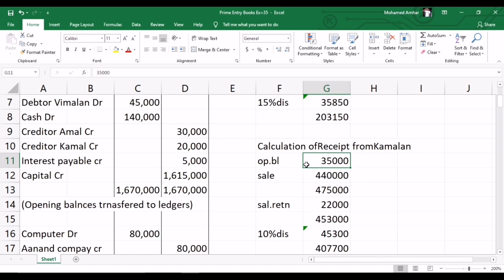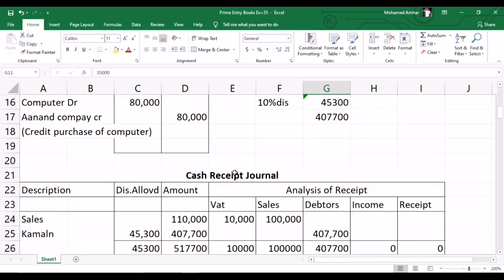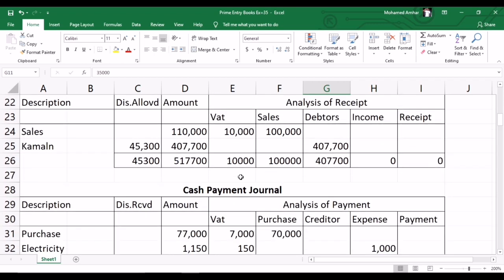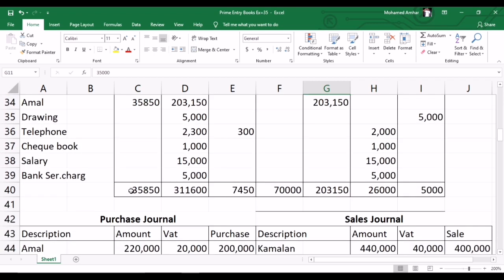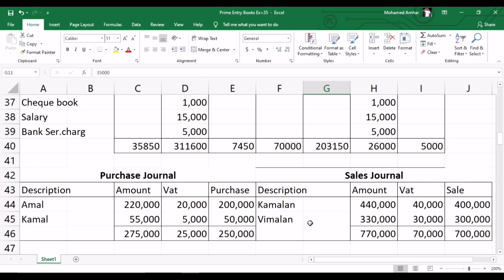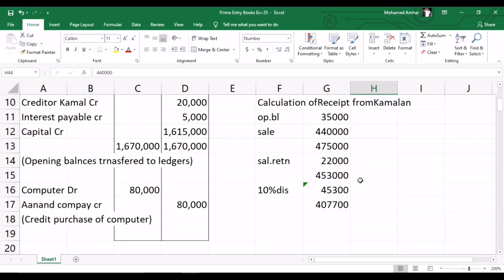Right. Now check whether the business has sold any goods during this month. You can check it from the sales journal. Here in the sales journal, Kamalan 440,000. So Kamalan should give another 440,000 with the opening balance.